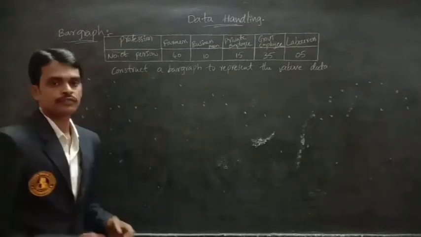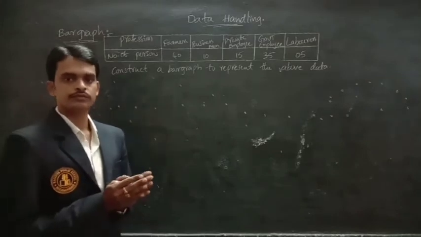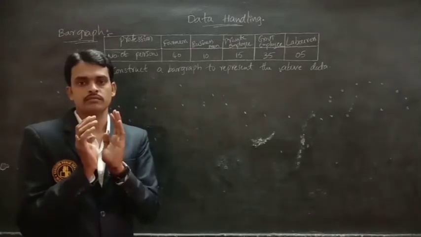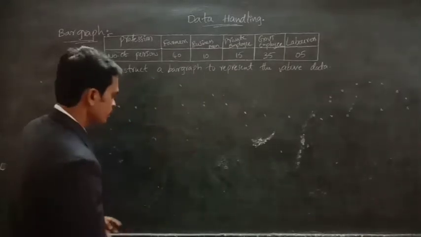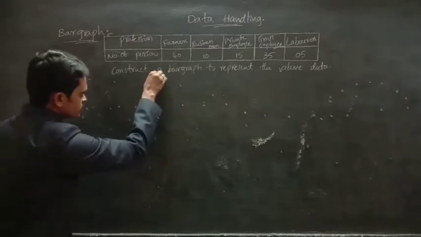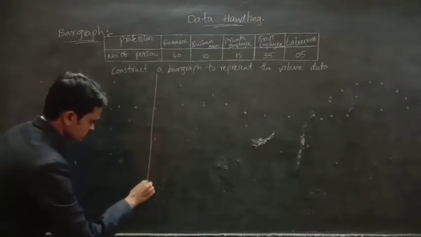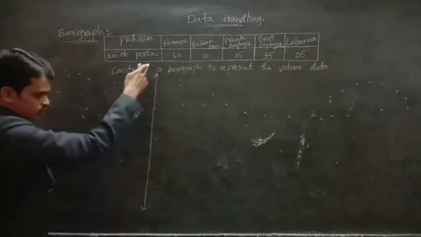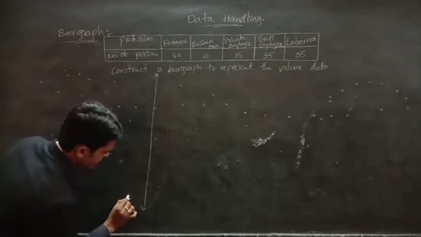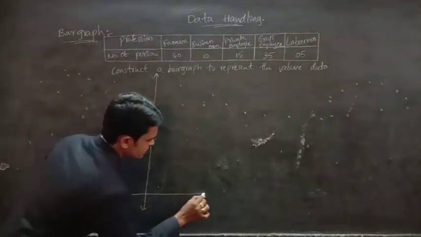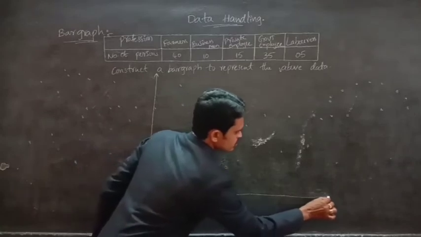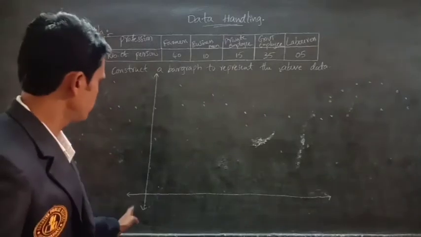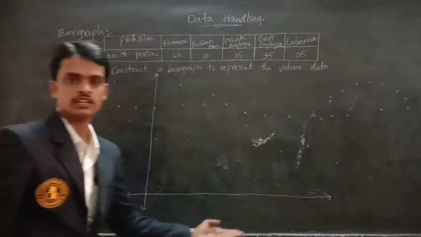So here, first we should draw two perpendicular lines. This is a vertical line and another one is a horizontal line.